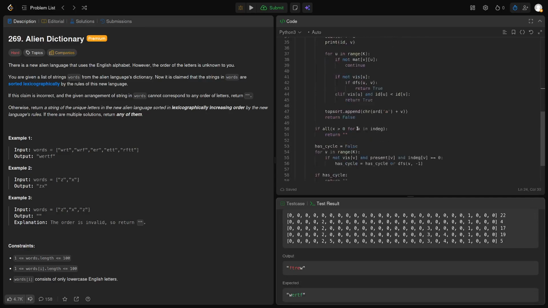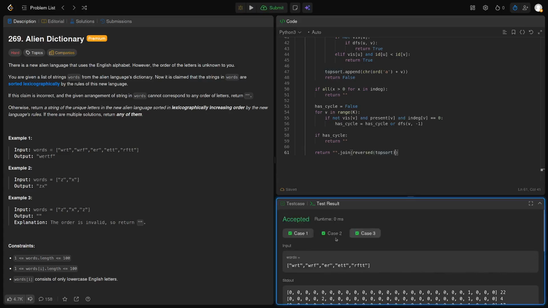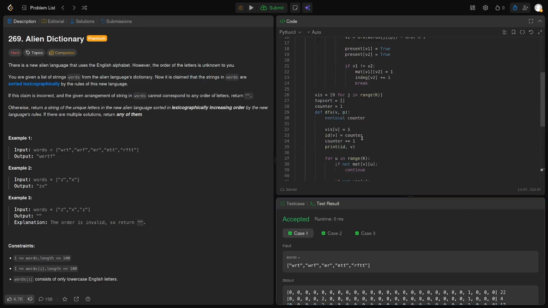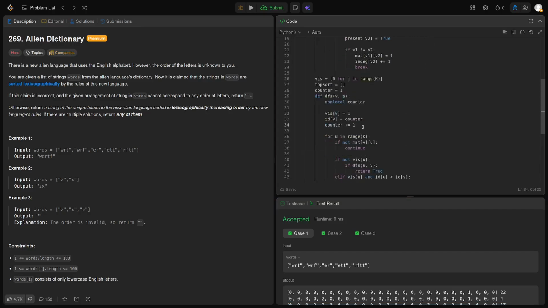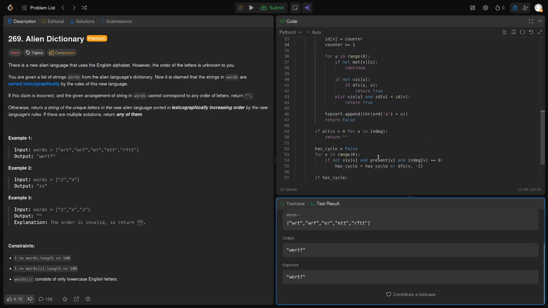Now it's reversed. Okay. Maybe now we are not printing anything. Yeah.